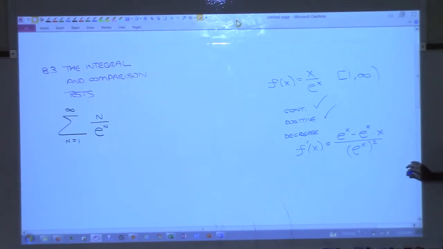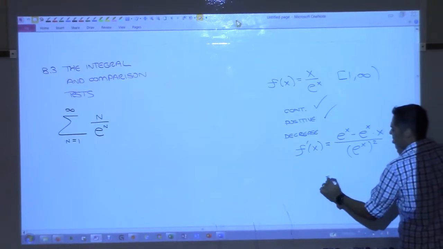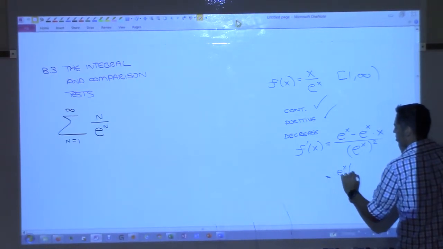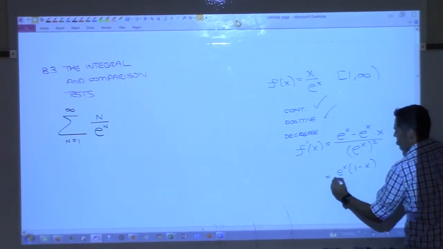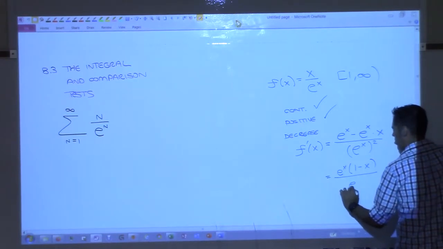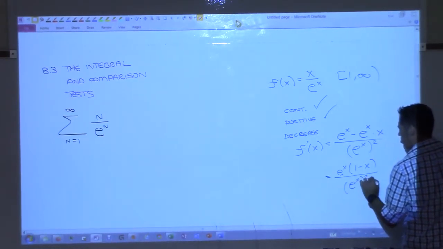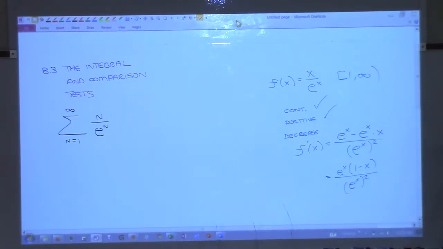Is that always negative? Well, why don't we factor out an e to the x on top? We just have x in there. Do y'all agree?